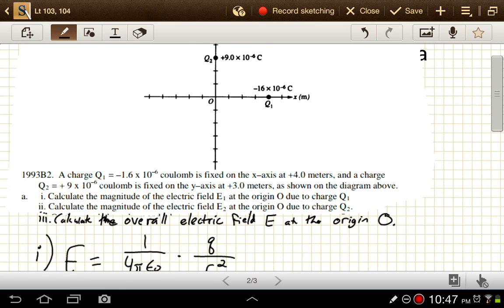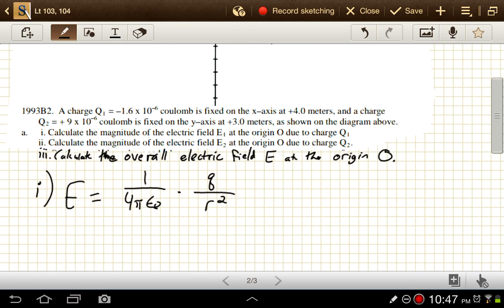Okay, so let's do charge 1 first. So here our Q value is negative 16 times 10 to the negative 6th coulombs, or negative 16 microcoulombs is how we normally read that. So E is equal to 1 over 4 pi epsilon naught. Remember that's given as one constant on the equation sheet.